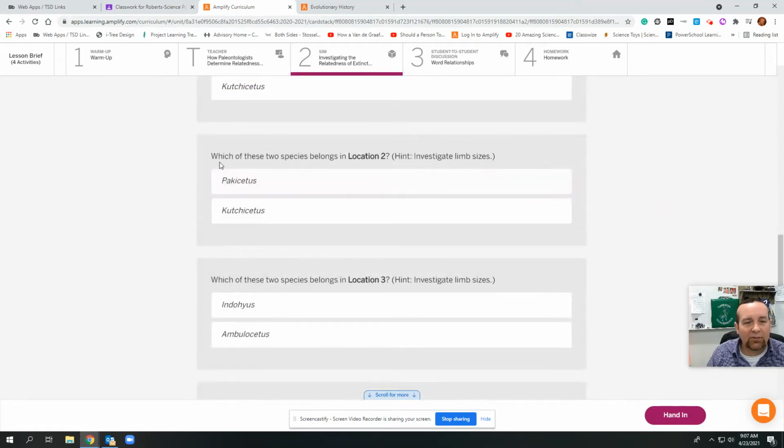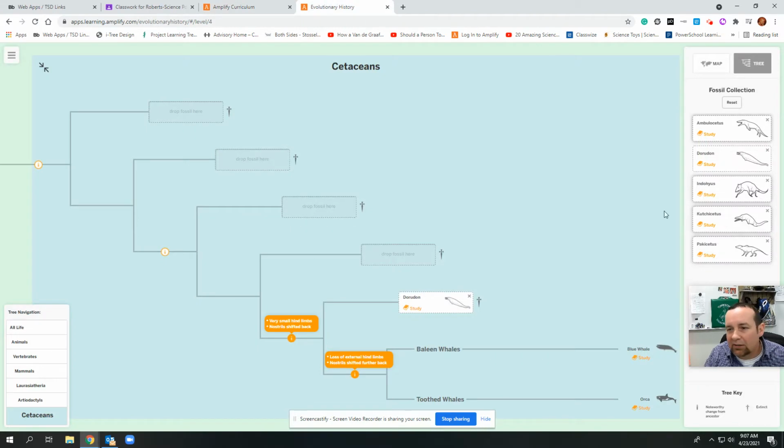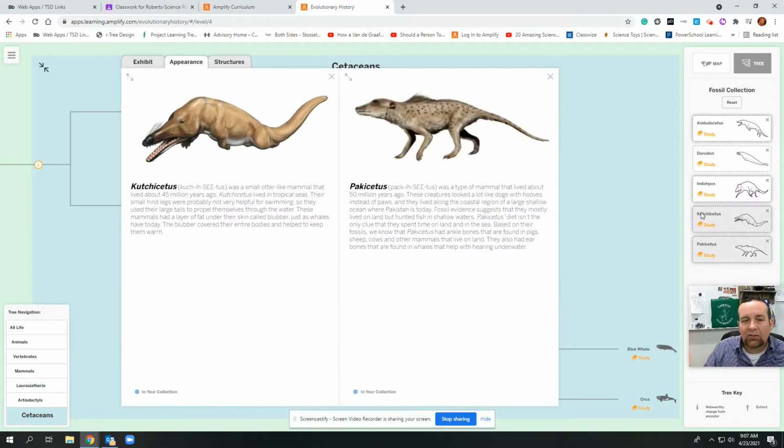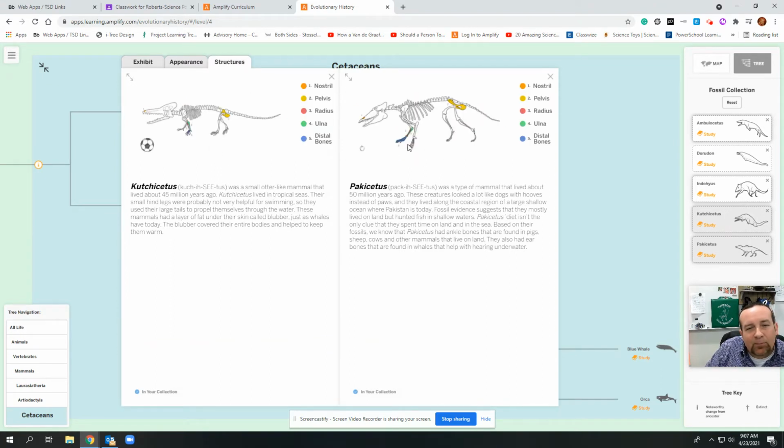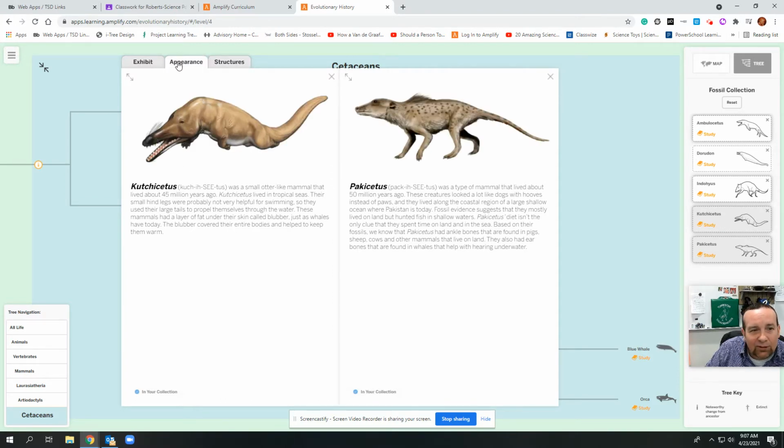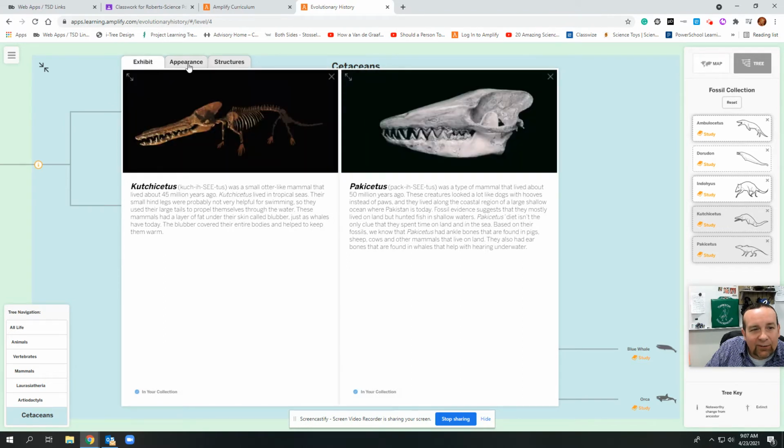So now we're going to do the same thing for Pakicetus and Cuchicitus. Let's get our Cuchicitus, Pakicetus. Again, we're still pretty far down in the tree, so we should choose the animal with the most common structures. If we look at these structures, we can see they are both looking very land animal-ish to a certain degree.